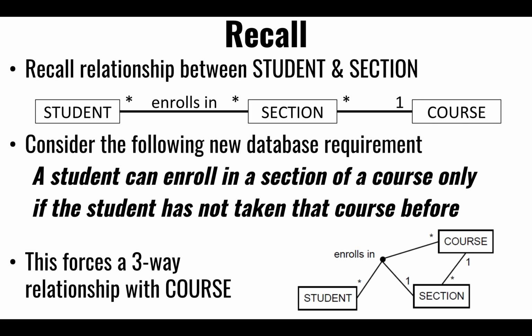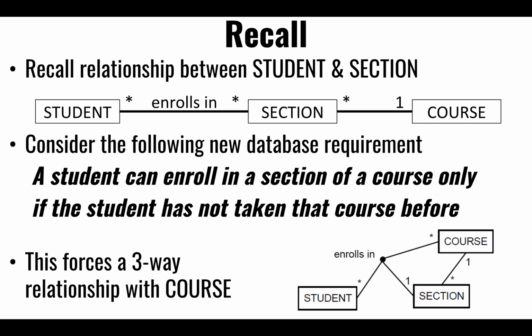So now we're going to deliberately introduce a constraint, just to show where our principle would fail, where we could not fix it. For instance, we might say that a student can enroll in a section of a course. But now we're going to add an additional rule.